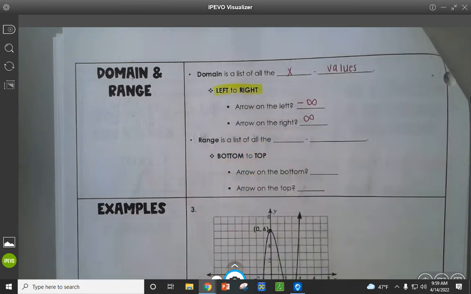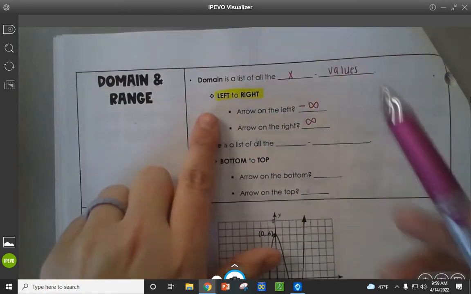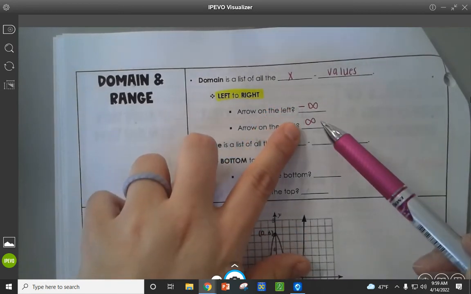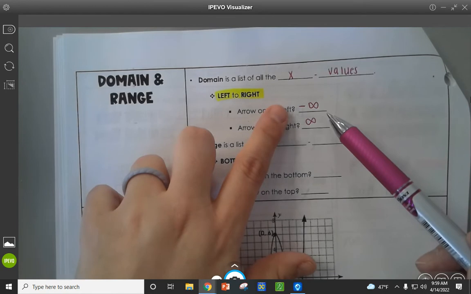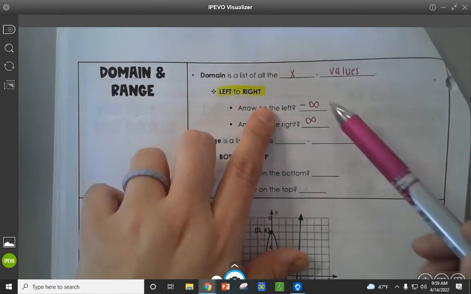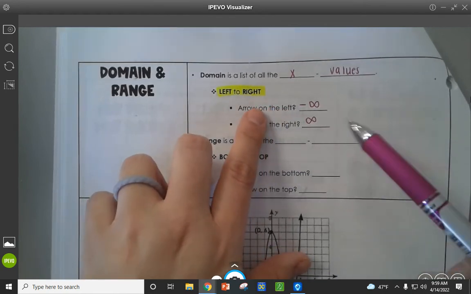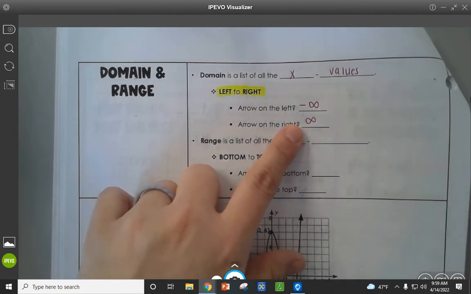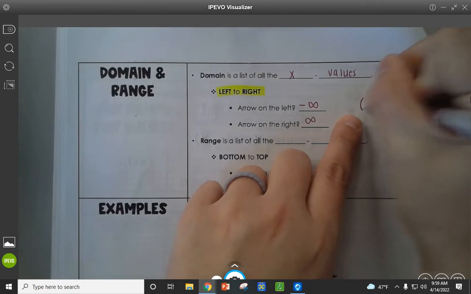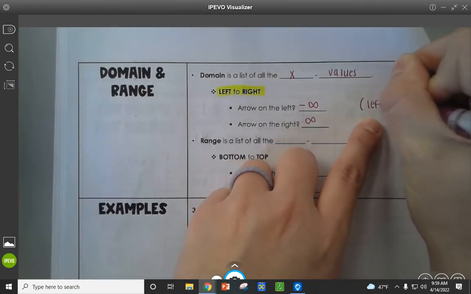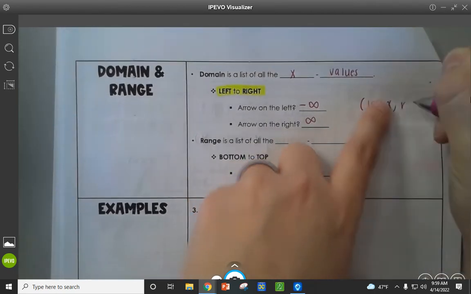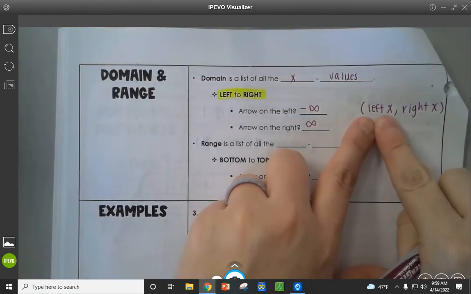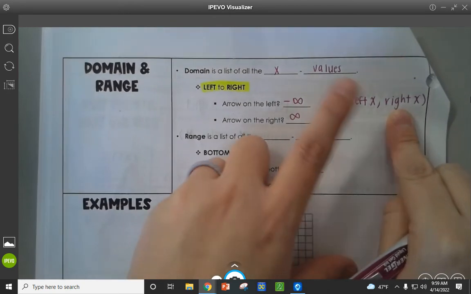On every single example that we do in this unit, your domain is going to have negative infinity and positive infinity. That's just the way that these questions are that you'll see in here. So your domain will always be this. You do your parenthesis, left x, comma, right x, which both of those will be negative infinity and infinity.